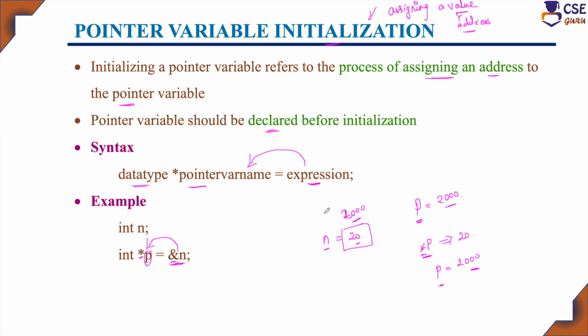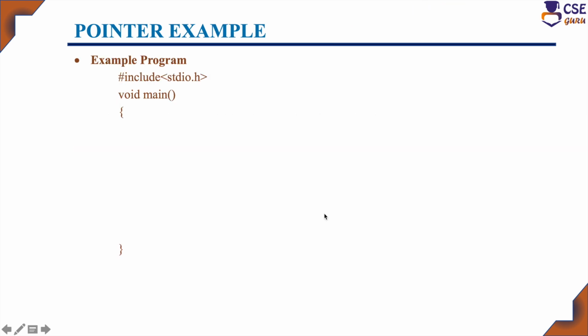So this is variable initialization. Next, we will discuss one example to implement a pointer variable. Initially declare the header file, and this is the main function with its start and end. First step, declare the variables. Here I am declaring integer a = 30. The value 30 will be stored with a in some free memory location, for example 5000.